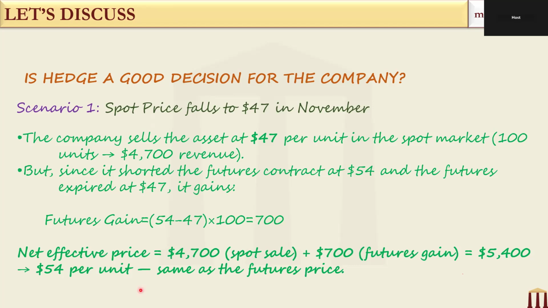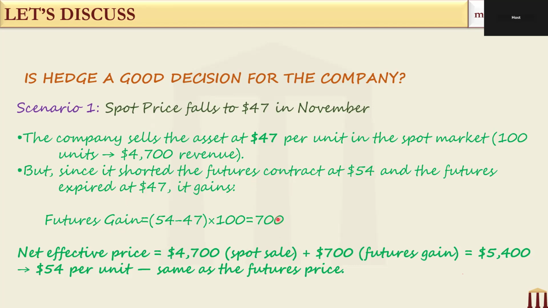So if the spot price falls to 47, the futures price will also converge to 47. Since you are in a short position in futures, you will benefit from this decrease in price. Earlier, the price was 54 for futures. Now the price is 47 for futures. So the gain in futures is actually $700.